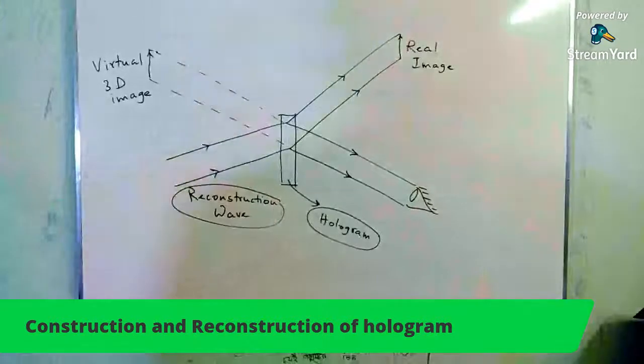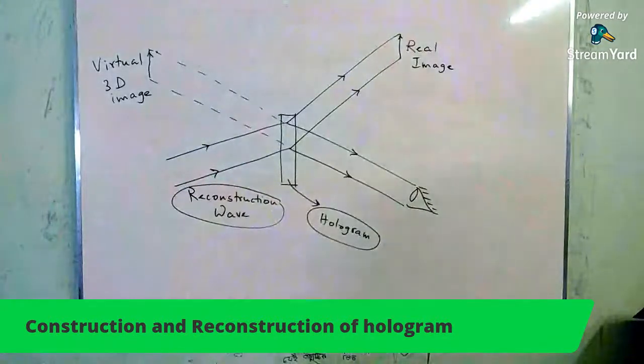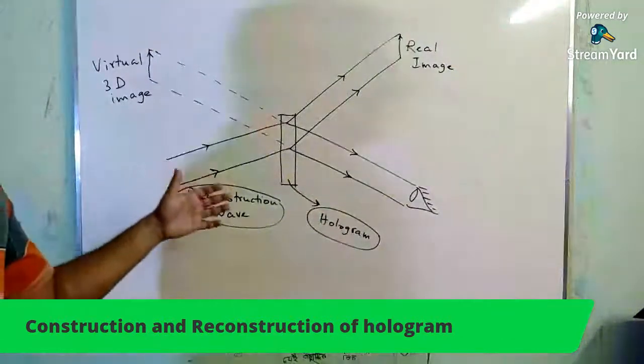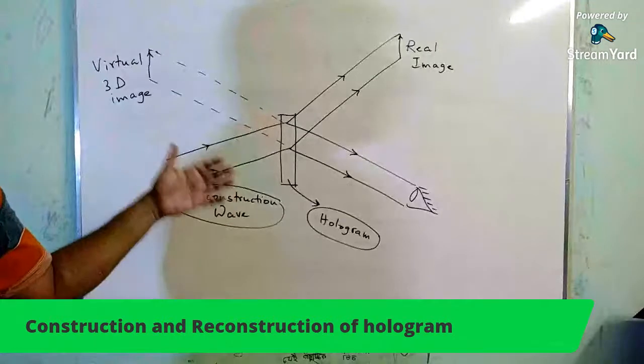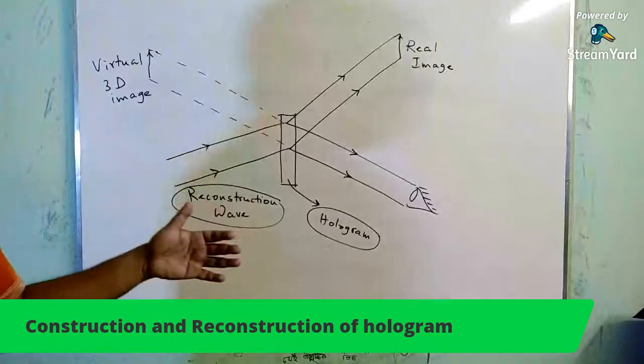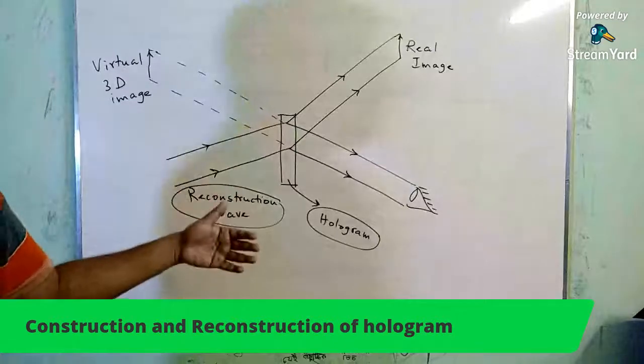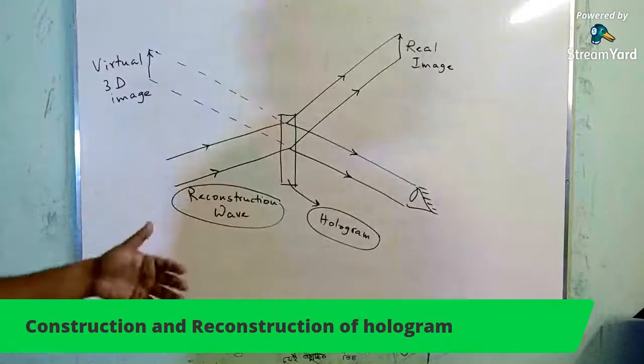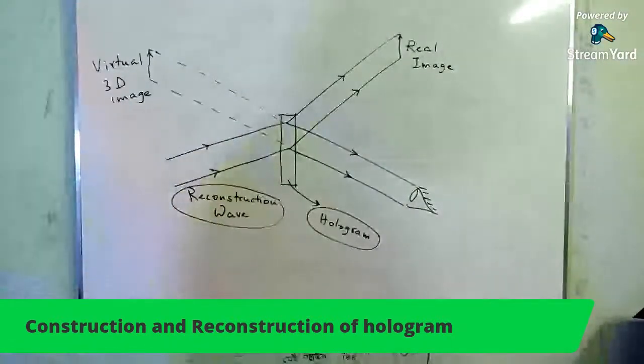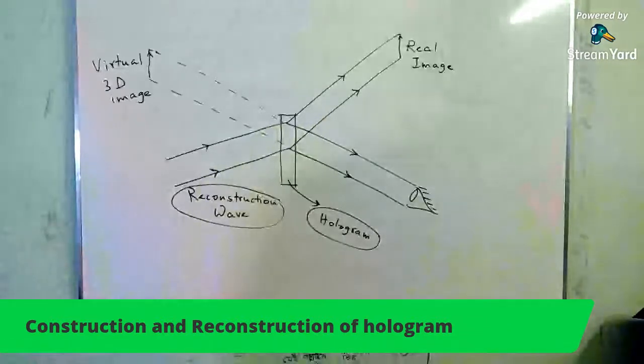This is a coherent beam which is of the same wavelength as the original beam used while recording or constructing the hologram.